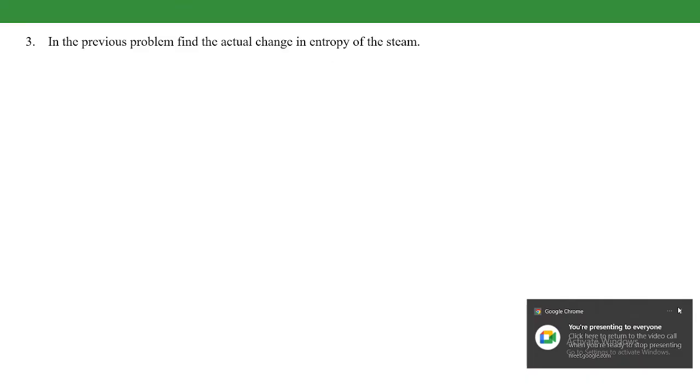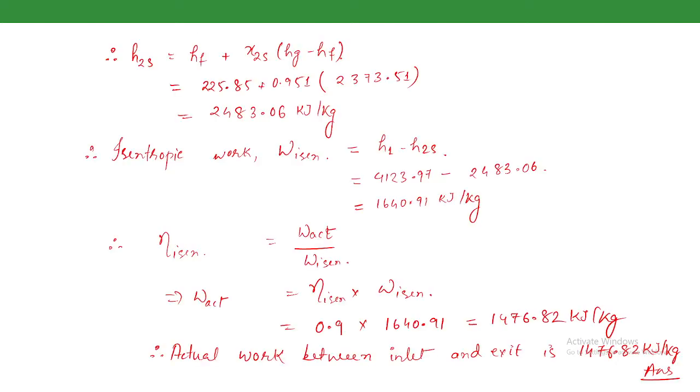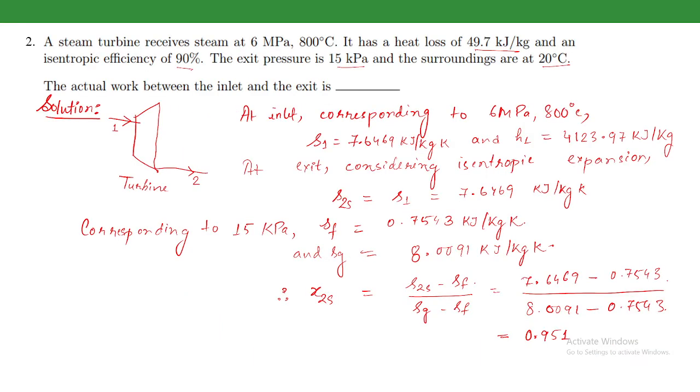The next problem is that we have to find out the actual change in entropy of the steam during this process. See, this was the isentropic work, which is not a real process. In a real process there is also a heat loss.